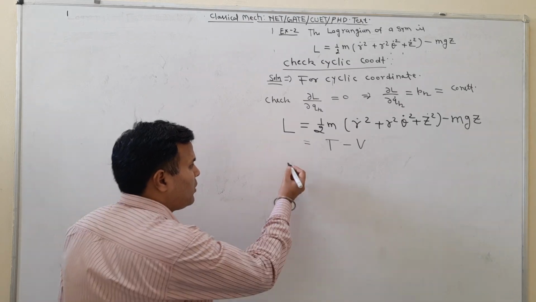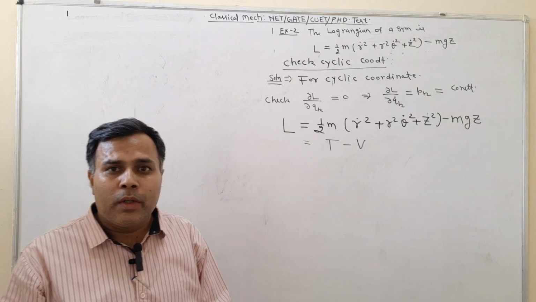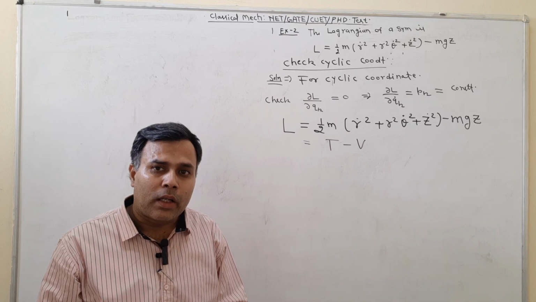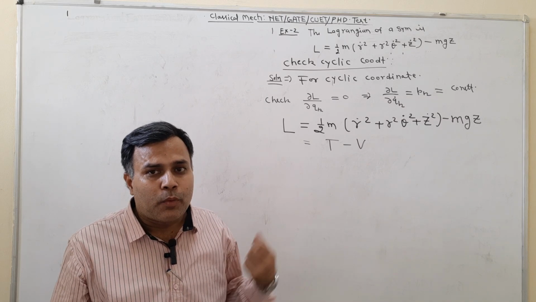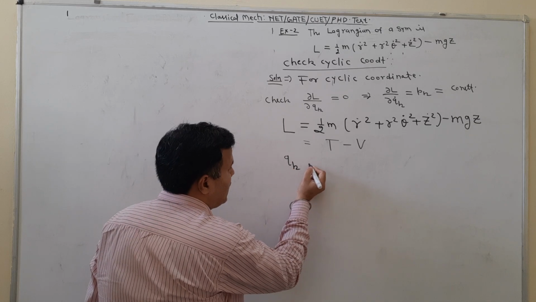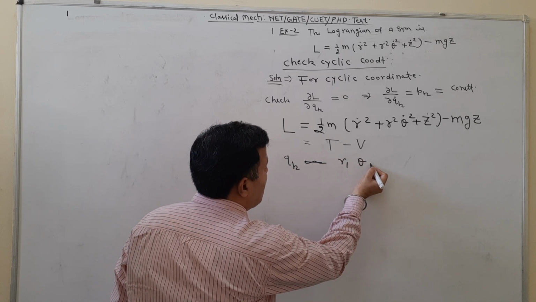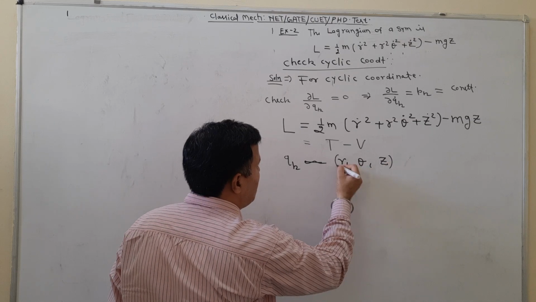Now, what is our QK? For a cyclic coordinate we need to check whether del L upon del QK is 0 or not. If it is 0, then the corresponding coordinate is a cyclic coordinate. Here QK is simply r, theta and z.